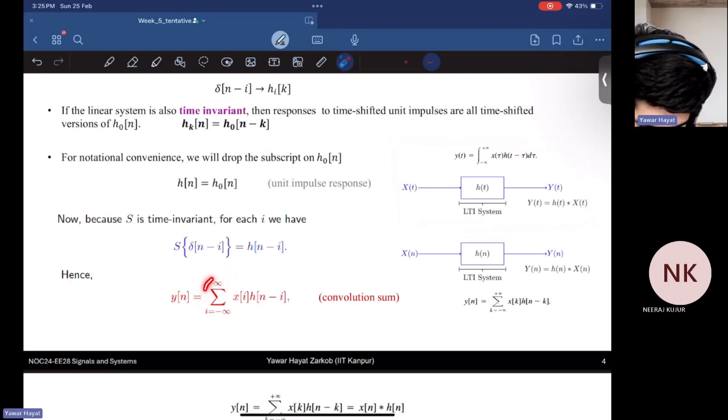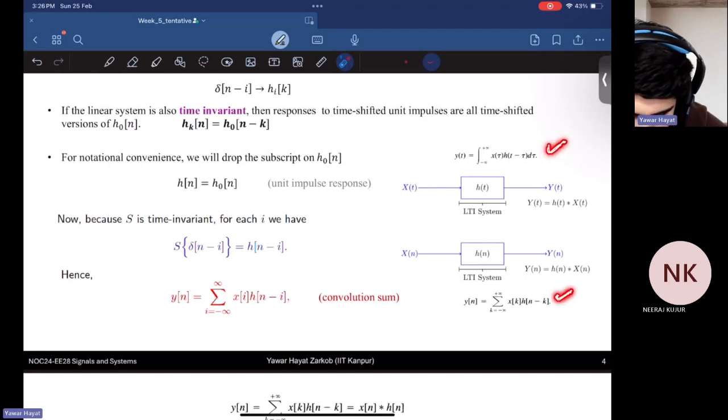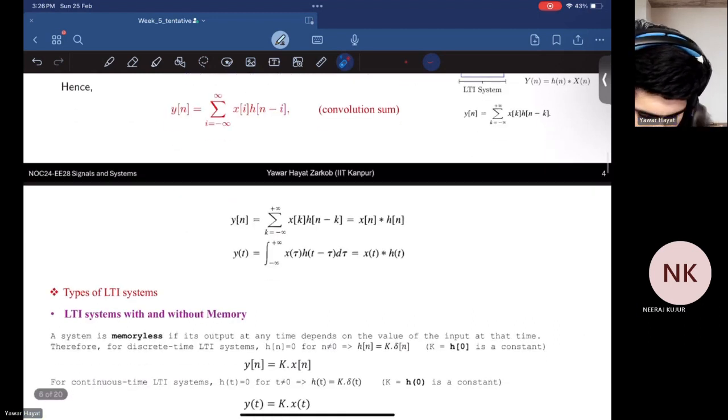Basically, what is happening is this summation is becoming an integral. The summation operation is changing into an integration operation for the continuous time case. So this is clear, right? This is the convolution integral and this is the convolution sum for continuous and discrete time cases respectively.